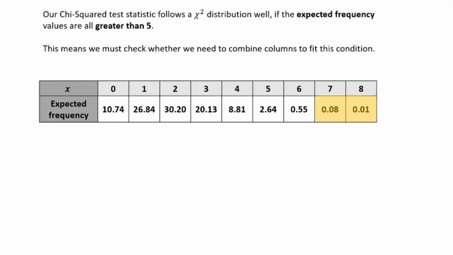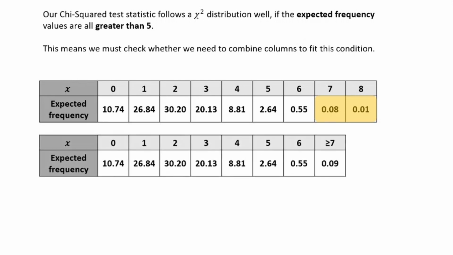So looking at this set of expected values, I can see straight away the expected frequency for 8 is quite low. So I'm going to combine it with 7. I'm going to add these together since 8 was less than 5. And if I add them together, I get 0.09, which is still smaller than 5. So the frequency of greater than or equal to 7 is still too small.